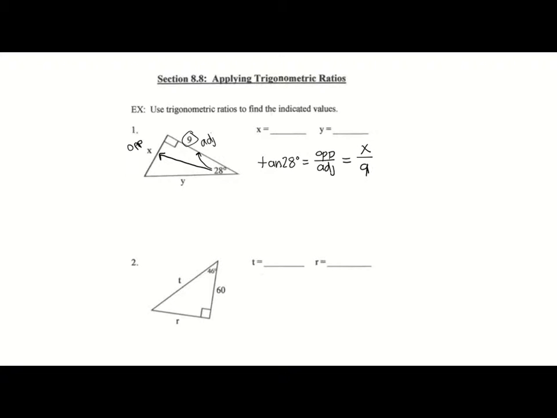Now if I need to solve for this, I plug tangent 28 into my calculator, or look at my table, and I have 0.532 is equal to x over 9. To solve for x, I can multiply both sides by 9, and I get 4.79 is equal to x.